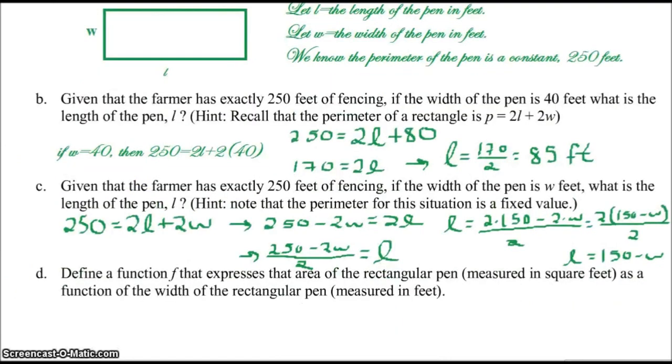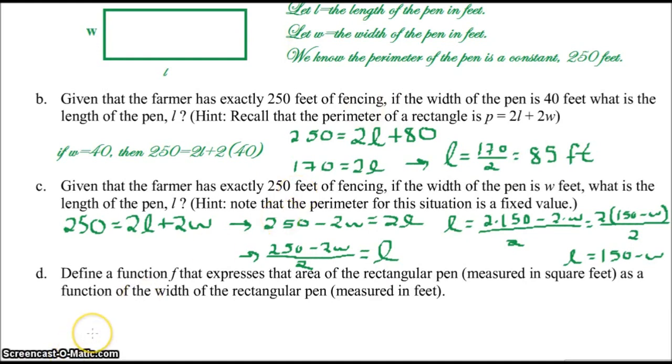Okay, next we want to define a function f that expresses the area of the rectangular pen measured in square feet as a function of the width of the rectangular pen measured in feet. Okay, so we want a function. Let's just think about what we want here for a second.